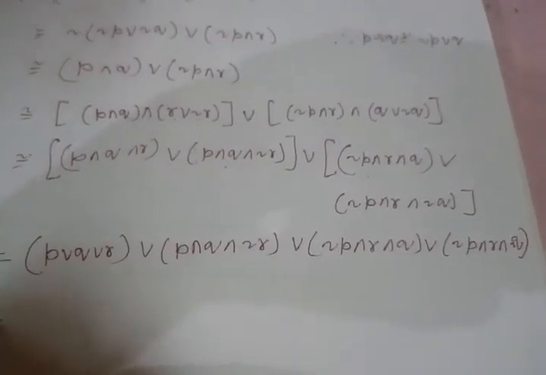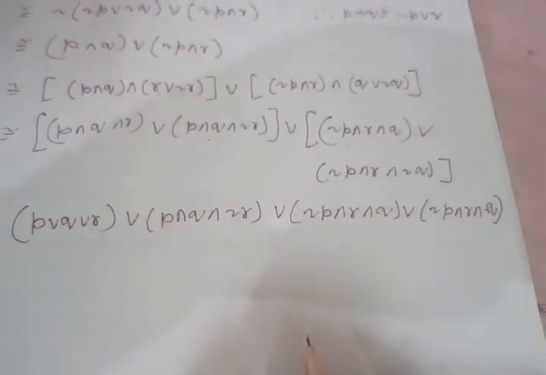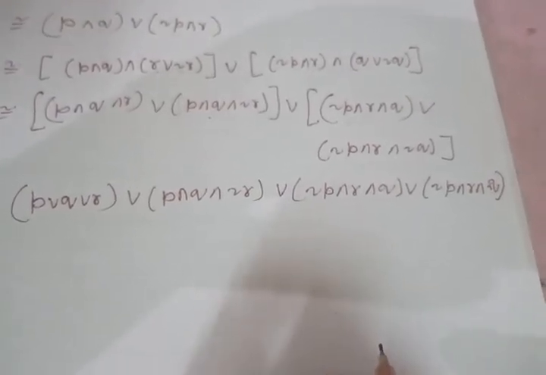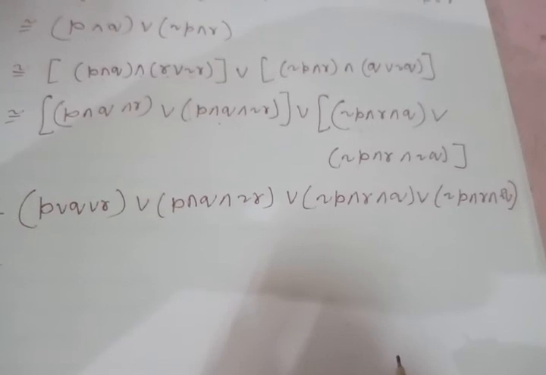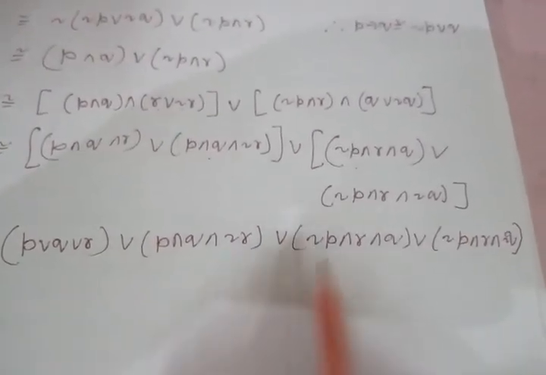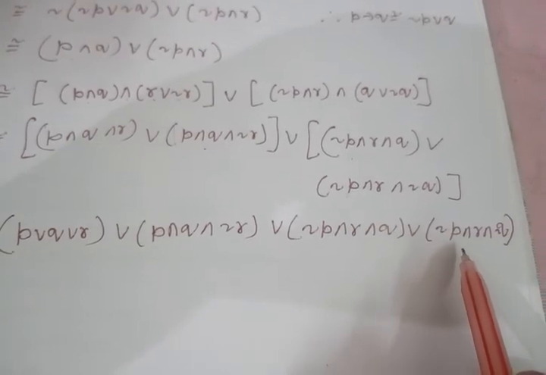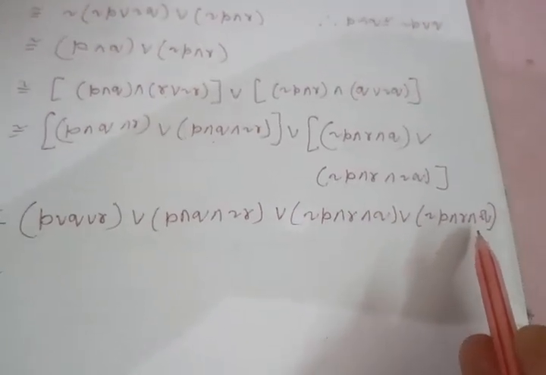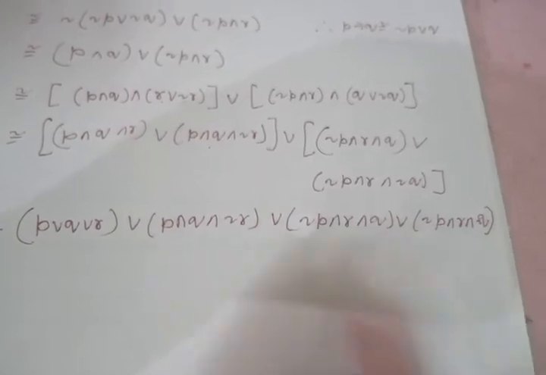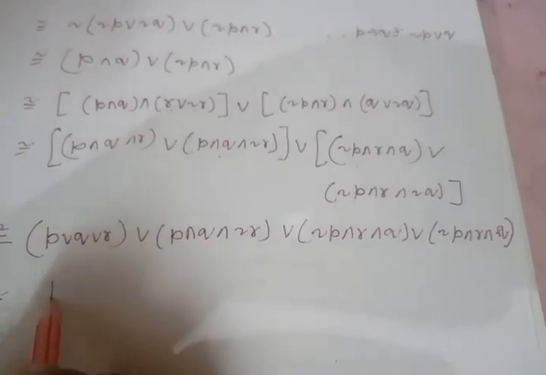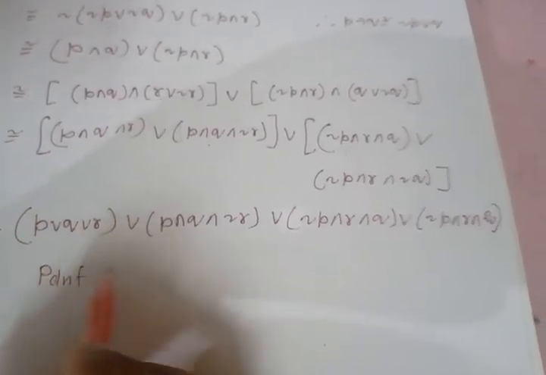At last we observe that if there is any repetition of a compound statement, we write it once. Here all four statements are different from each other, so the above form is the required PDNF form.